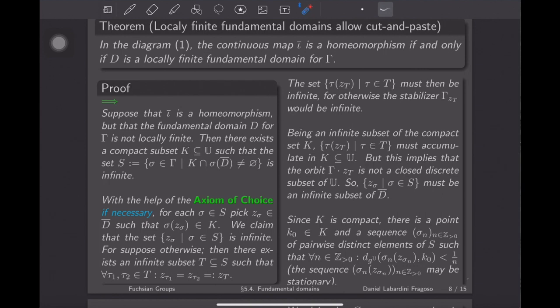Okay. Now, since D is not locally finite, there must exist a compact subset of U with the property that the number of gammas that make D bar overlap the compact subset is infinite. That's just the negation of local finiteness.